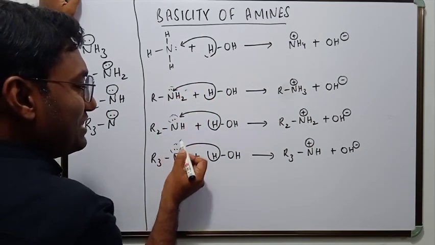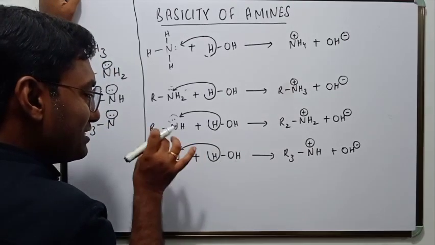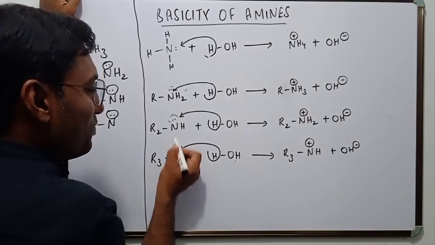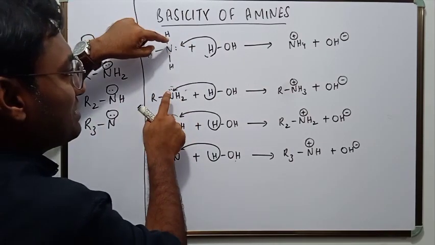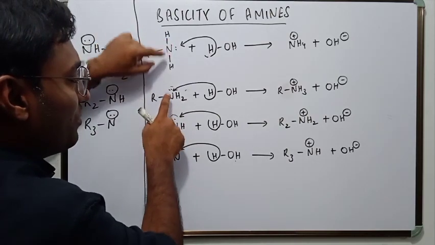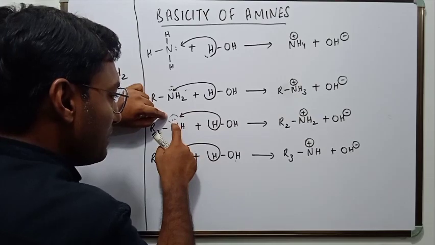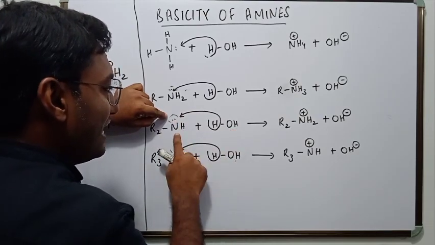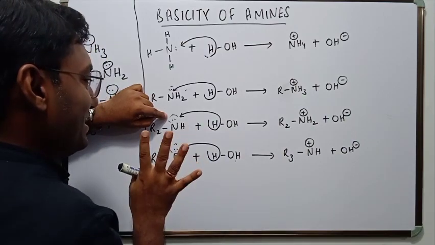So that is why OH minus is released. The ultimate responsibility is the lone pair of electrons on the nitrogen atom. It is because of the presence of this lone pair that H plus is abstracted from water and it acts as an Arrhenius base, right?